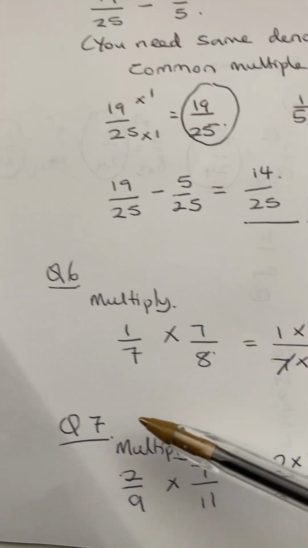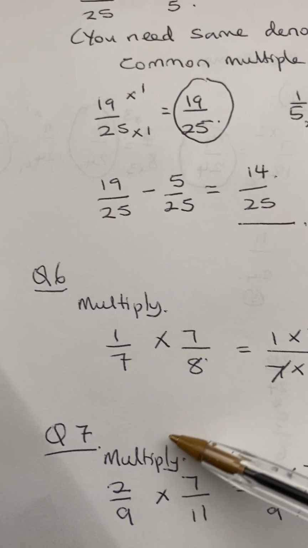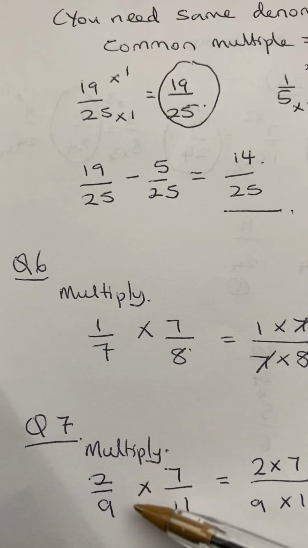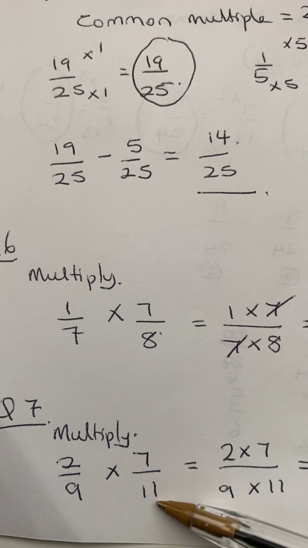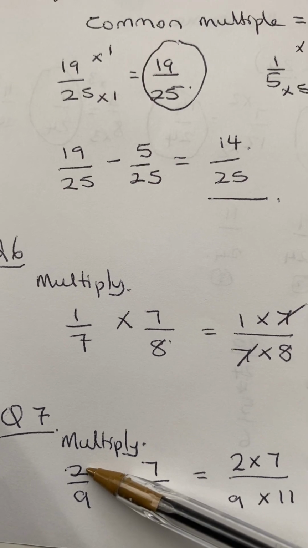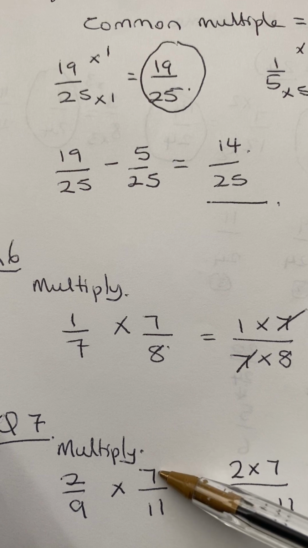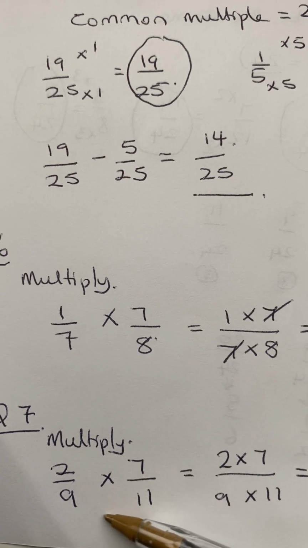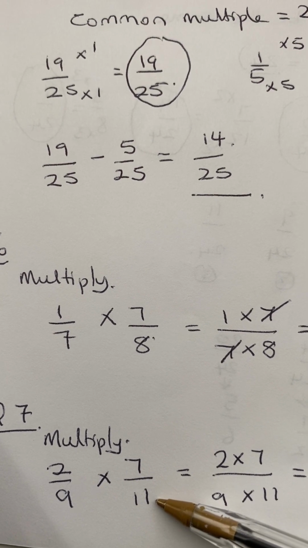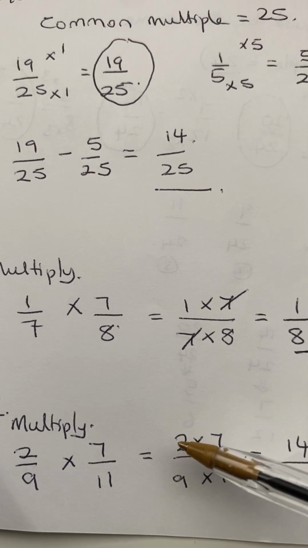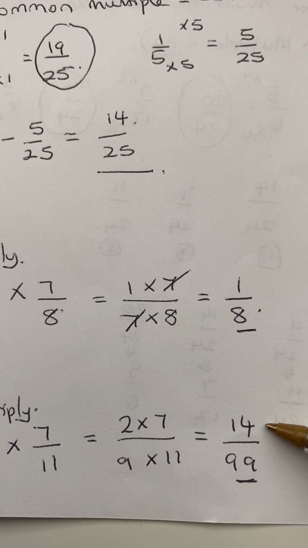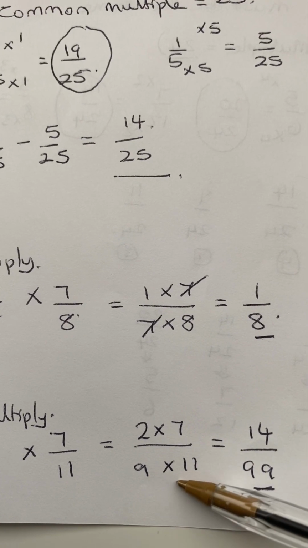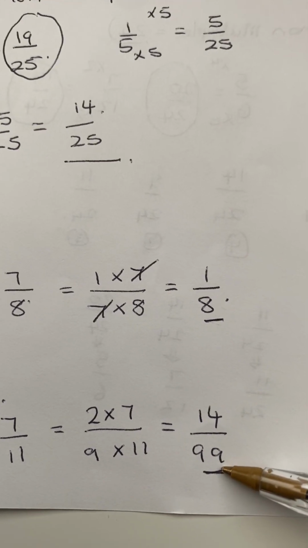Now question 7. Again, multiply 2 over 9 times 7 over 11. So multiplication again. We multiply the numerators and we multiply the denominators. So now 2 times 7 is 14. 9 times 11 is 99.